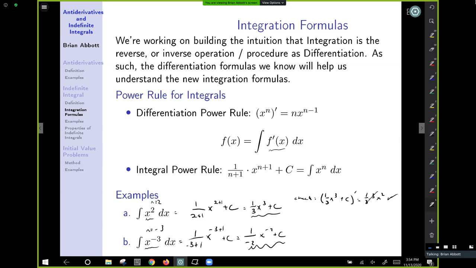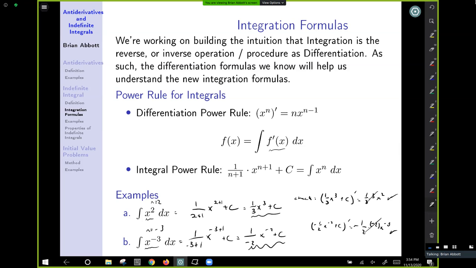Let's check it over here. Negative 1/2 x to the negative 2 plus c. Take the derivative of that. Well, you have your negative 1/2 up front. Drop your negative 2 exponent down. Subtract 1 to get x to the negative third plus 0. And sure enough, the 2's reduce, and there's a negative and a negative. All of that reduces to just positive x to the negative third, which is what we wanted.